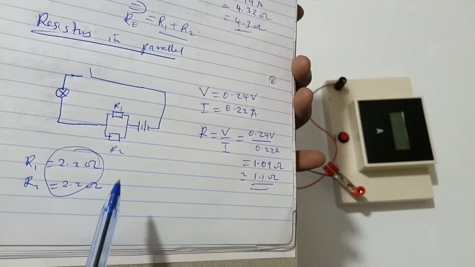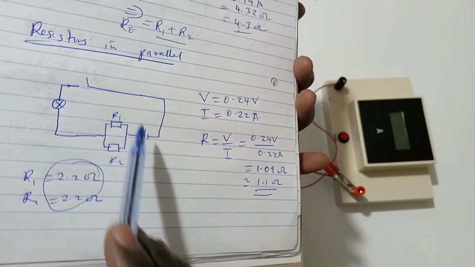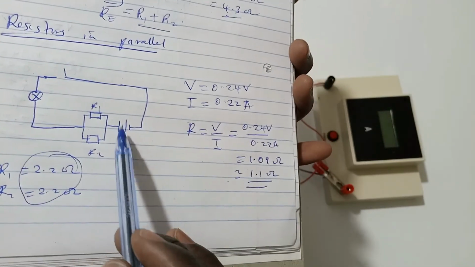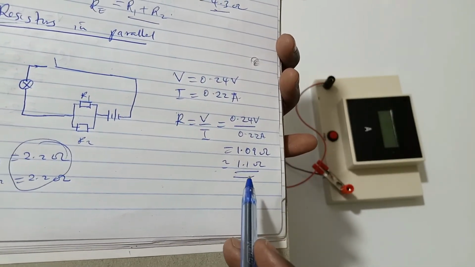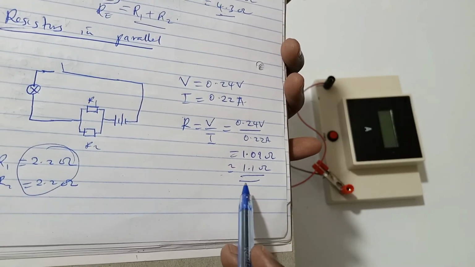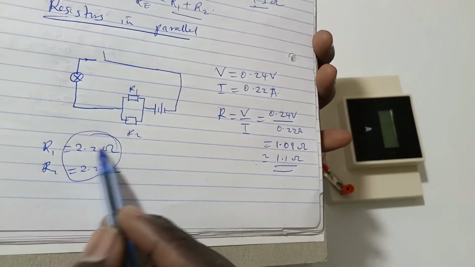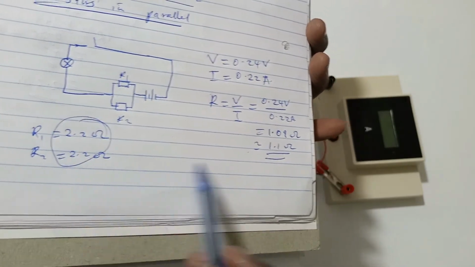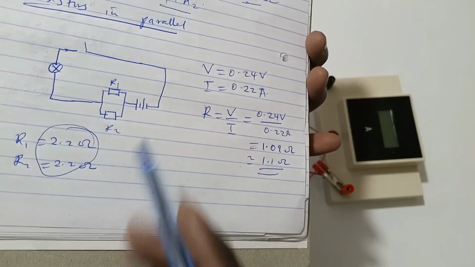So it means that when resistors are combined in parallel, the effective resistance is less compared to the individual values. Look at this, it is almost half of 2.2.